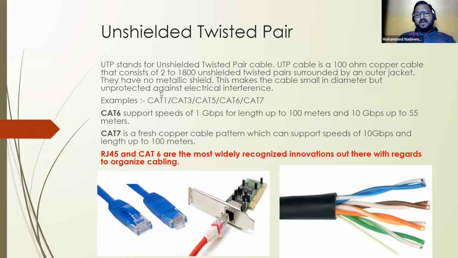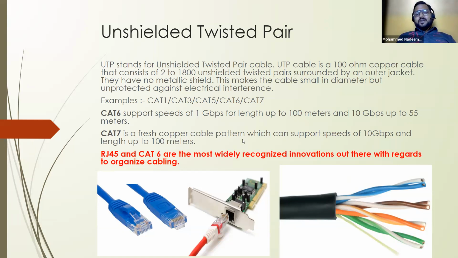Now in the LAN, unshielded twisted pair has categories: cat 1, cat 2, cat 3, as I said. Cat 6 currently supports 100 meters, and 1 gig to 10 gig, with 10 gig up to 55 meters.